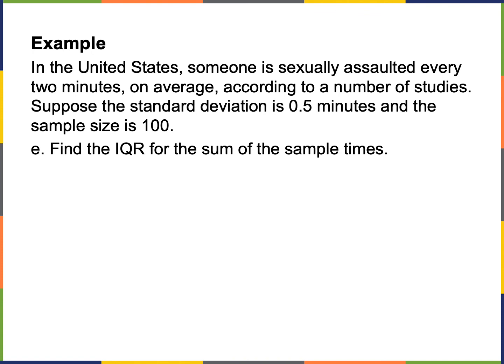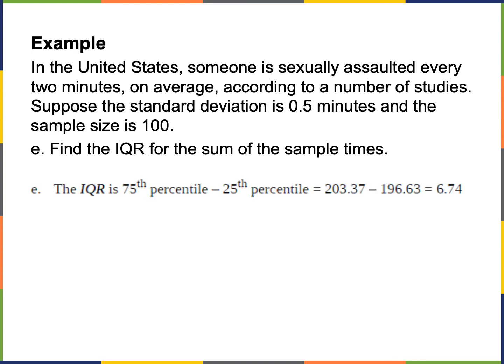And then lastly, it says find the IQR for the sum of sample times. Well, that's great because remember IQR is just the difference between Q3 and Q1, or the 75th percentile minus the 25th percentile. We get this from the earlier part.